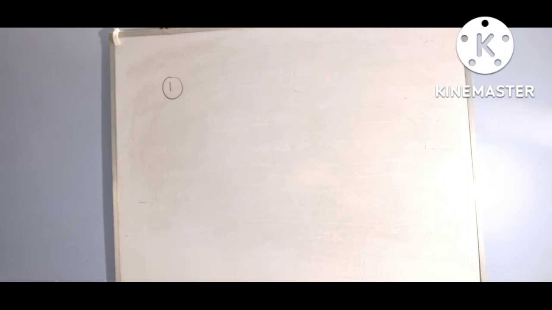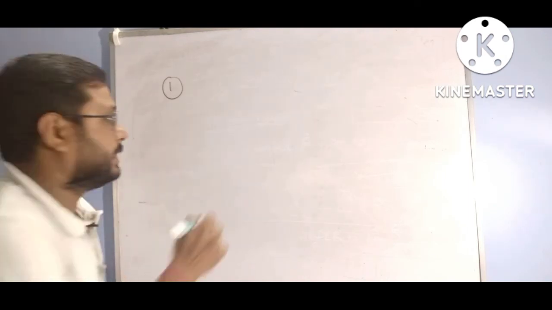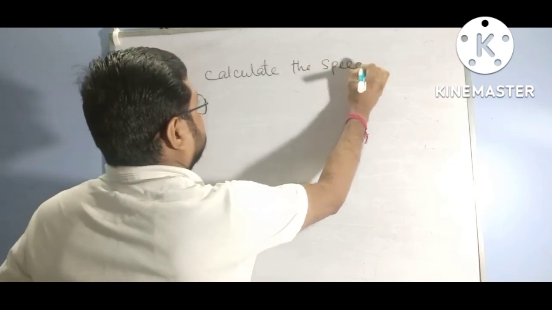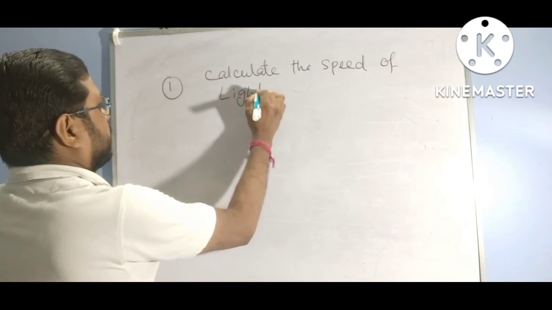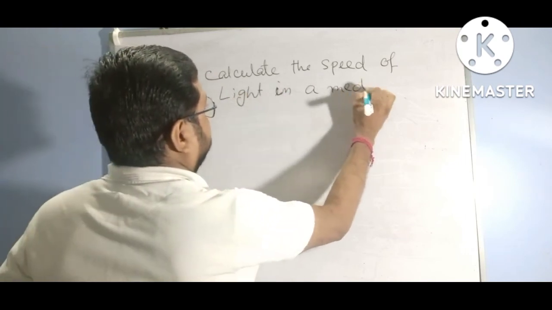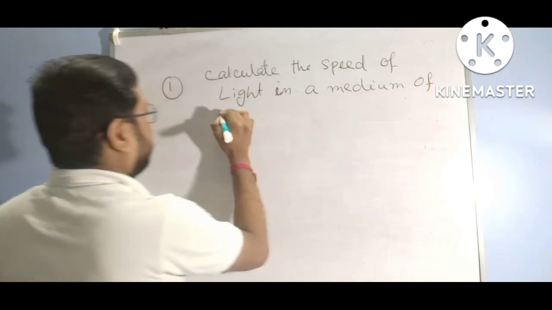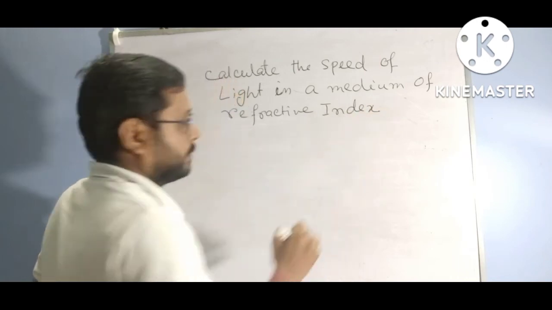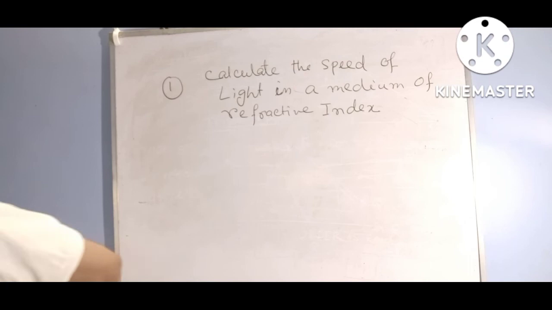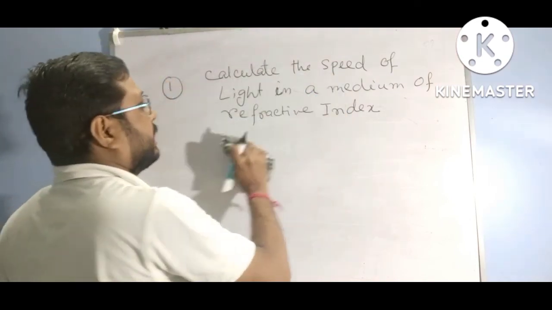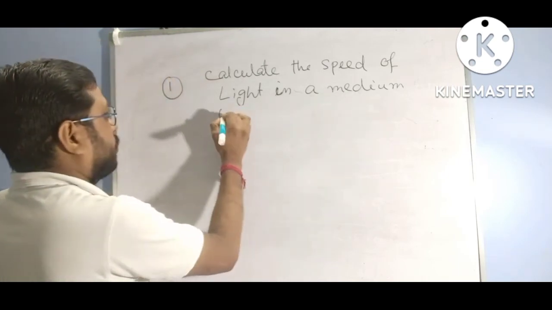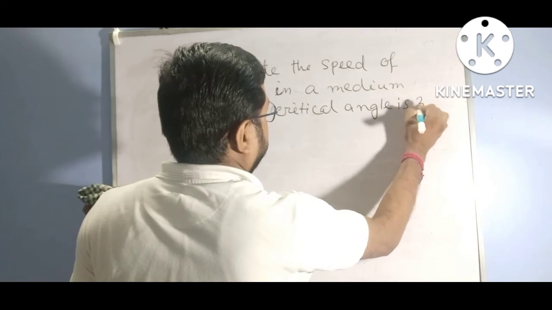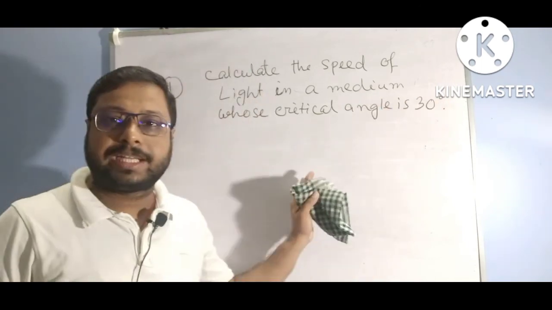Calculate the speed of light in a medium whose critical angle is 30 degree.